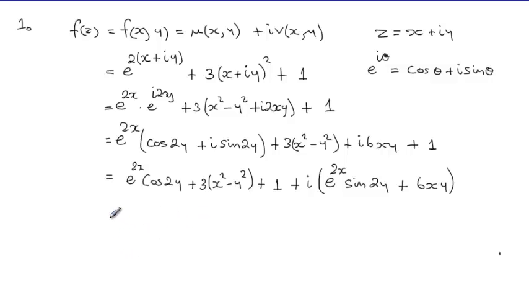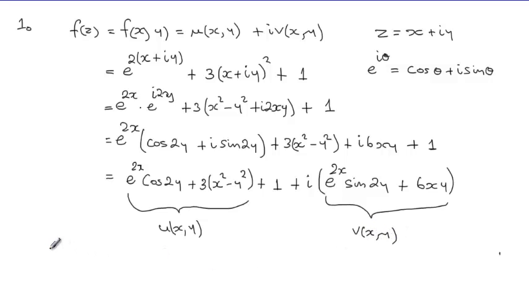So let's write here, say this is our u of x, y, and this in brackets is our v of x, y.